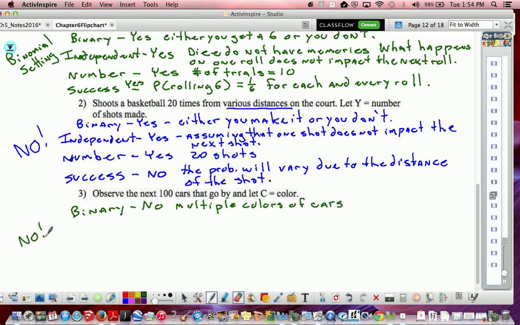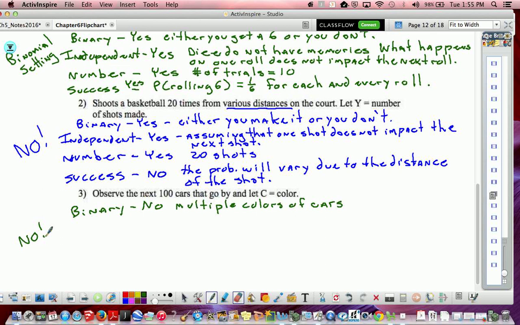The number was 100 cars. The probability of success, assuming there was an actual distribution of colors for cars, like in the United States, I suppose, but definitely not binary. If I were to change this and say let C equal a blue car, well, then maybe it would be.